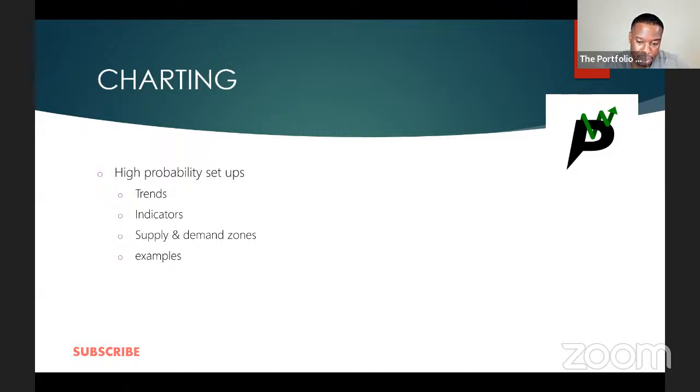Charles Schwab recently bought or merged with TD Ameritrade, so you'll probably get two options, TD Ameritrade or Charles Schwab. Whichever one you had, you can use both to log into the Thinkorswim platform. So the Thinkorswim platform is available for both. There's only one.